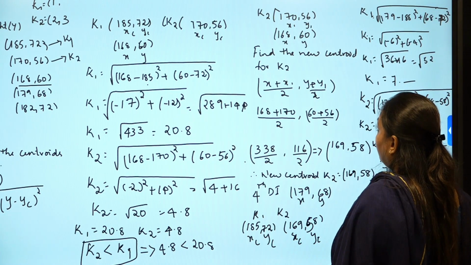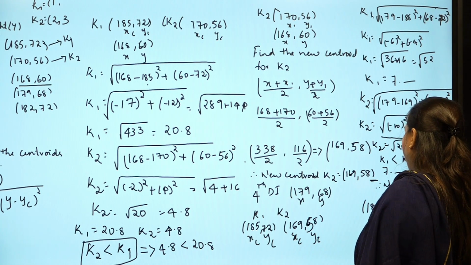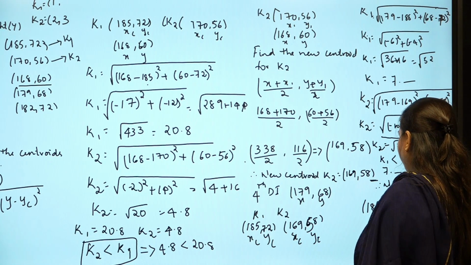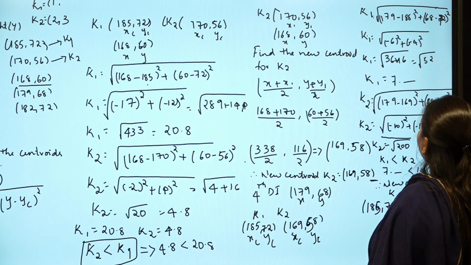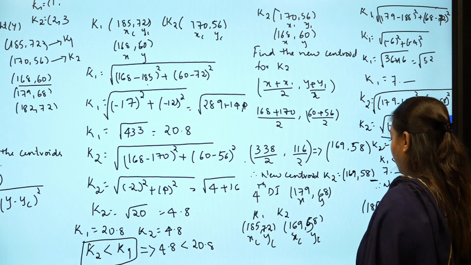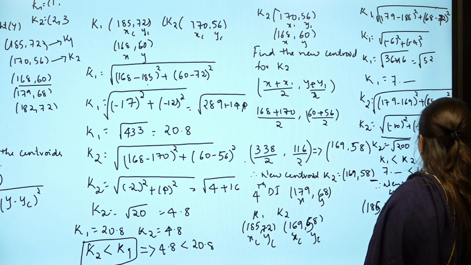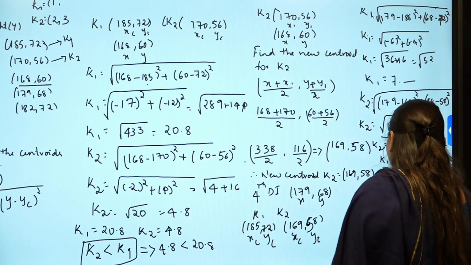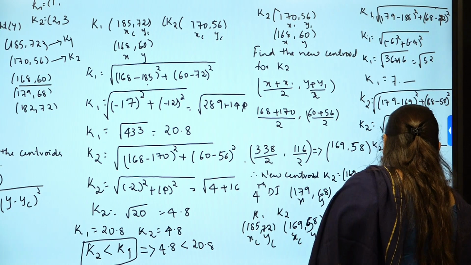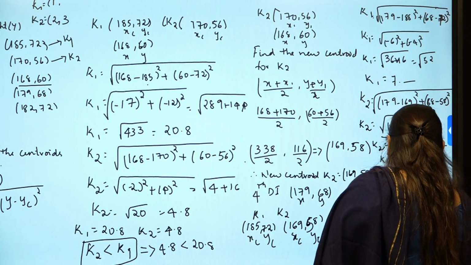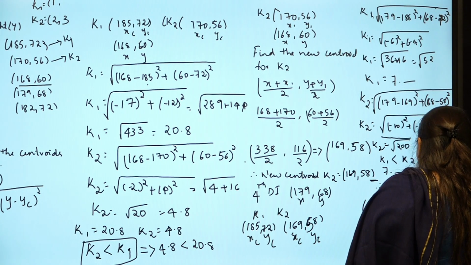Old one is your 185 comma 72. Now the new one is 179 comma 68. Now what is the formula? X plus xc, so 185 plus 179 by 2 comma 72 plus 68 by 2.